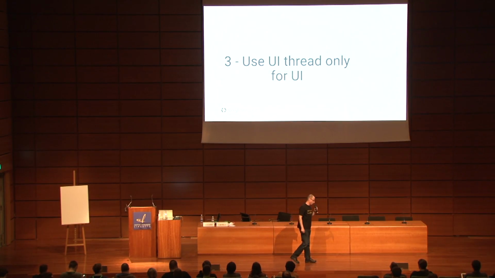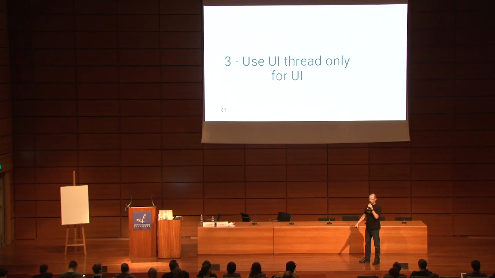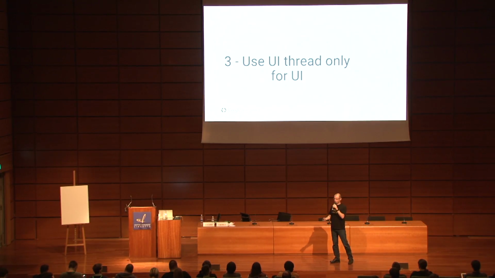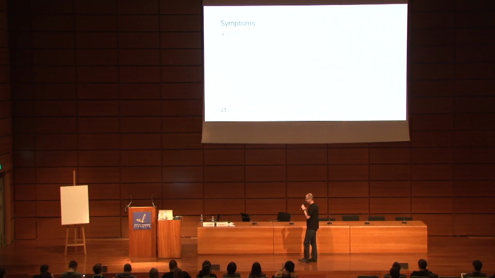Great. And now with activities, we are at our item number 3. Use the UI thread only for UI. By the way, let's say it was built for that. Meaning, or at least the symptoms, when it's wrong, the most sensitive point is scrolling.